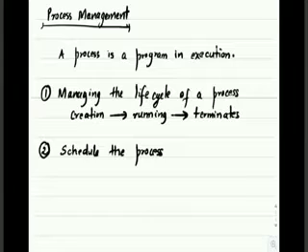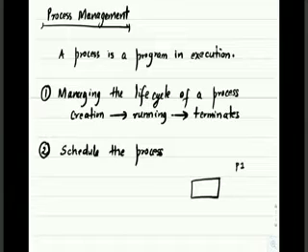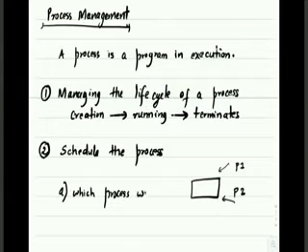Whenever two or more processes want to execute, like P1 and P2, it's the responsibility of the operating system to schedule them and also decide how much time is needed by the process to execute, and this will be done by the CPU.